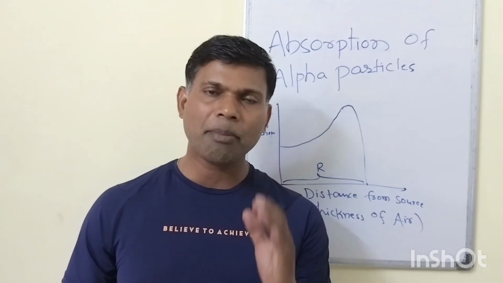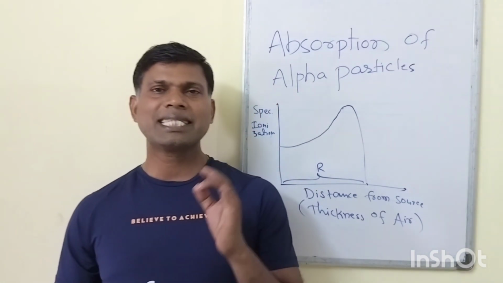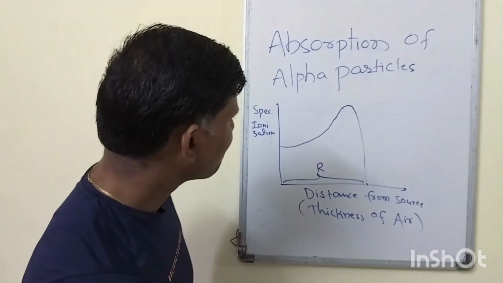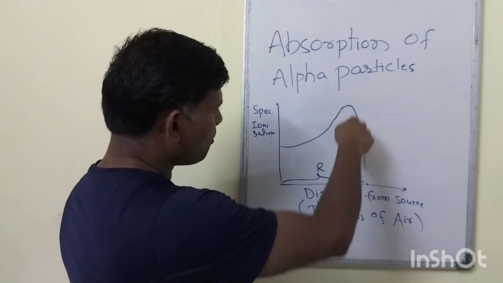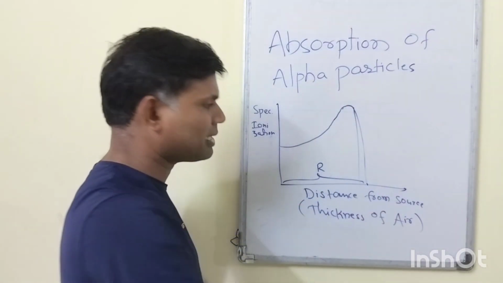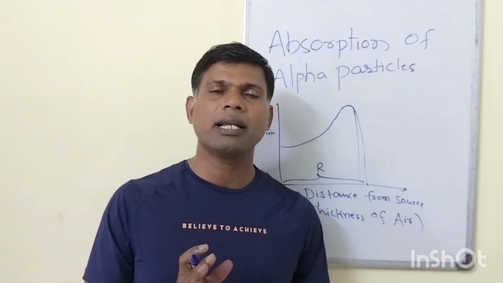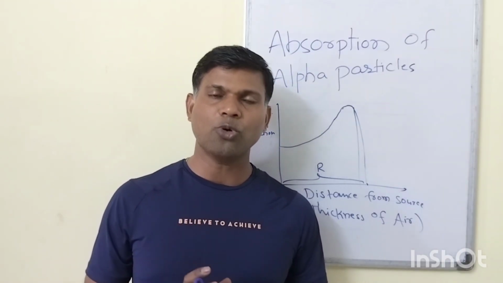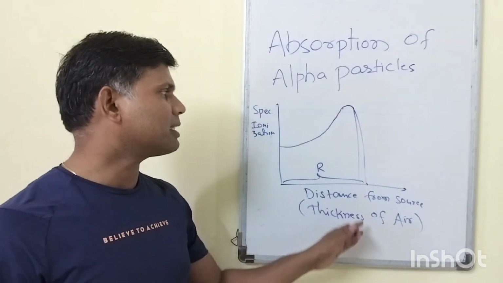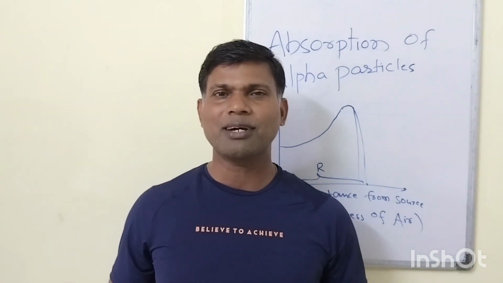If they have the same energy, they should and must have the same range. Here you see, it is supposed to be exactly straight like this. At this point, it should be exactly like this. If each and every alpha particle coming from the source has the same energy, it must be like this. But a slight slope is observed in the graph.